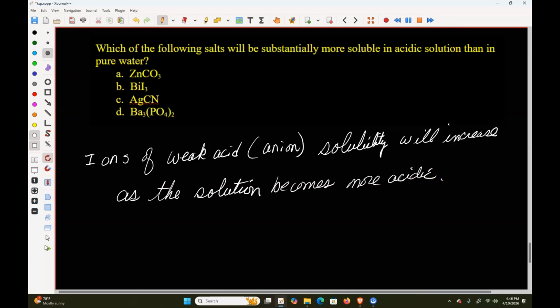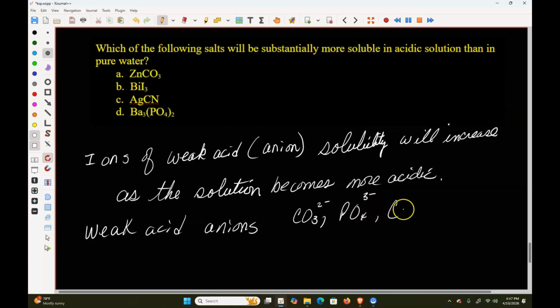So when I look at negative ions or anions of weak acids, I think of things like carbonate, phosphate. Just think of all your weak acids. Okay, those are some examples.